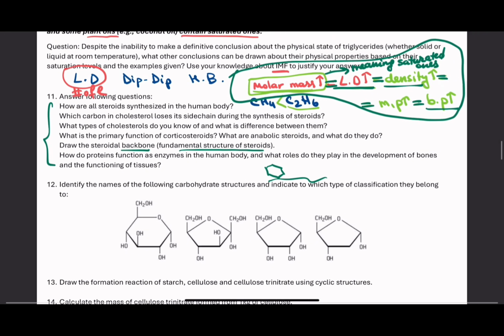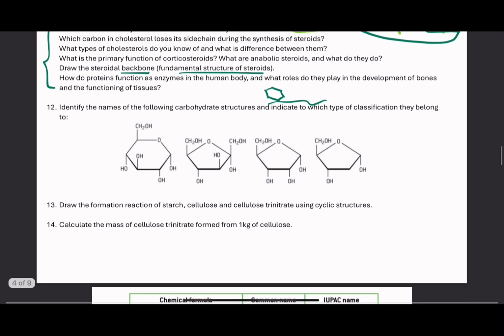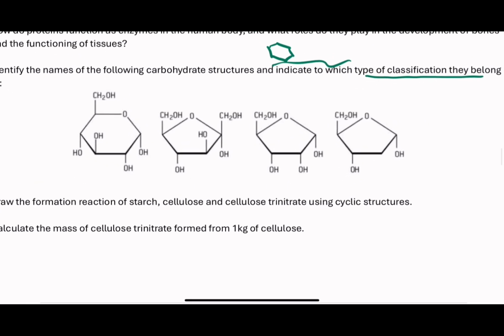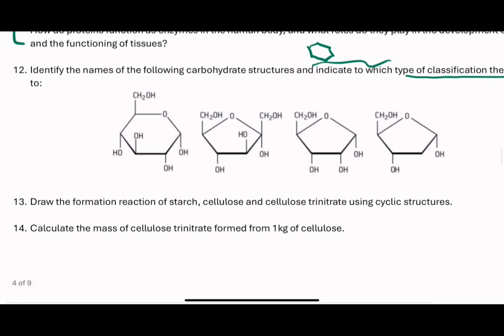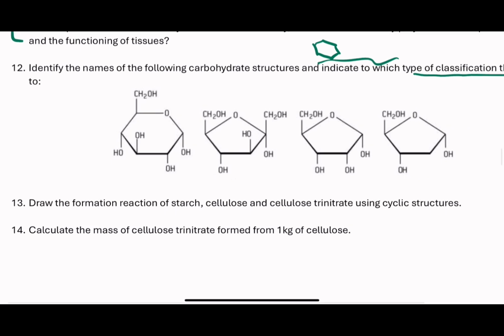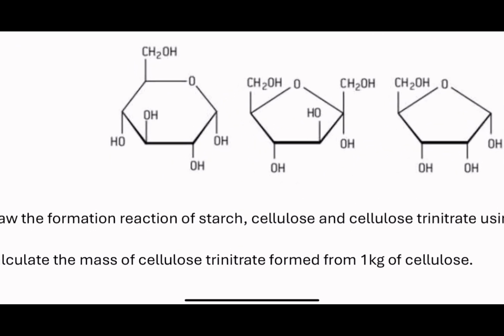Now, question 12, it says identify the names of the following carbohydrate structures, and indicate to which type of classification they belong. Quickly I'm going to go through this. If you open the structures, first of all, we need to recognize them. The one in here we have is alpha glucose. You guys need to be able to recognize it because we have done this.